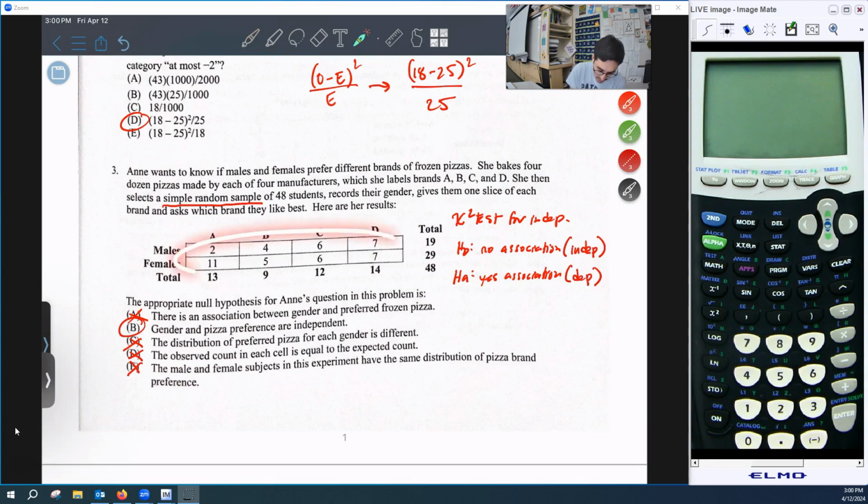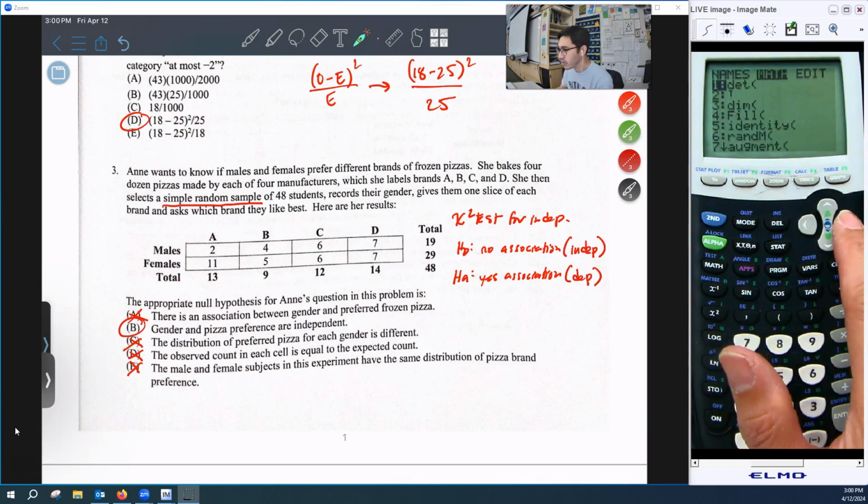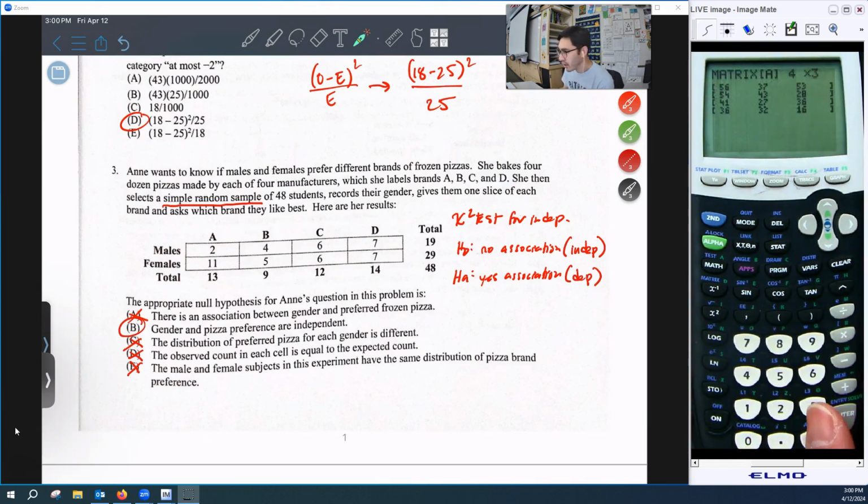So these are the observed counts, okay, but are the expected values at least 5? So the fastest way to figure out the expected values is to use the matrix menu on our calculator. We're going to define a 2x4 matrix.